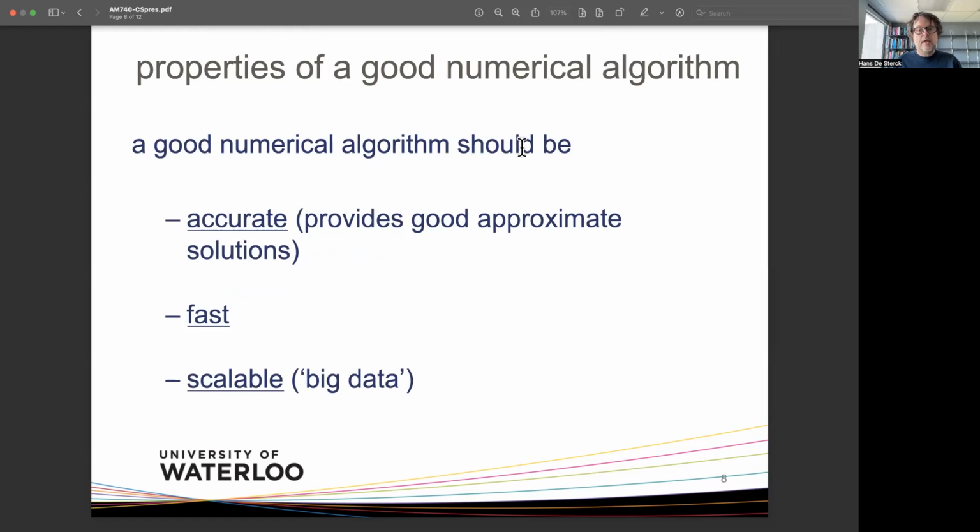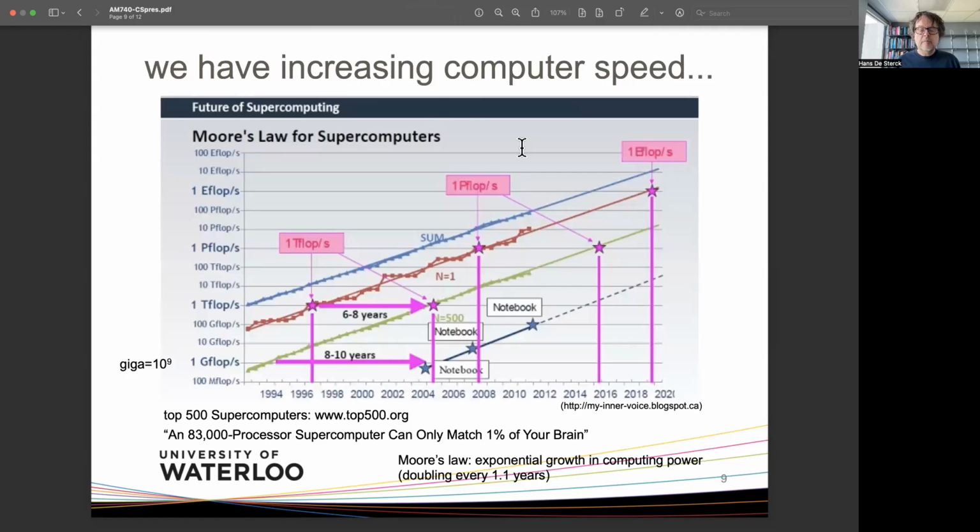To finish, the properties of a good numerical algorithm: it has to be accurate, giving good approximate solutions, and it has to be fast and scalable, and that's what we will focus on. Computers become more and more powerful, following Moore's law, in terms of floating point operations per second, in an exponential way.